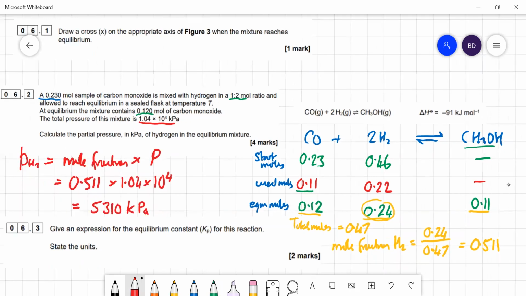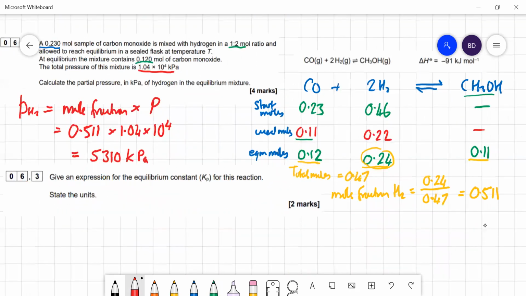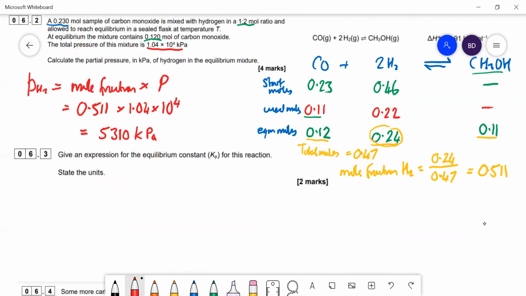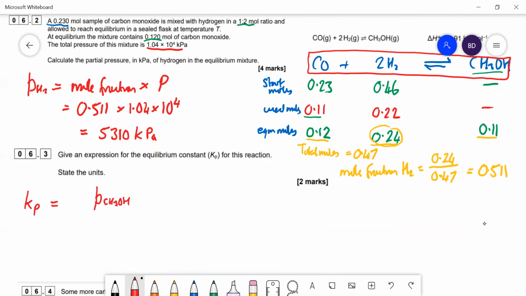Right, the next question, we've got to state the expression for the equilibrium constant Kp. Well, we need to look at the equation over here, products and reactants. So we're going to have Kp equals the partial pressure of the product, methanol, divided by the partial pressure of carbon monoxide multiplied by the partial pressure of hydrogen, but we need to square that.